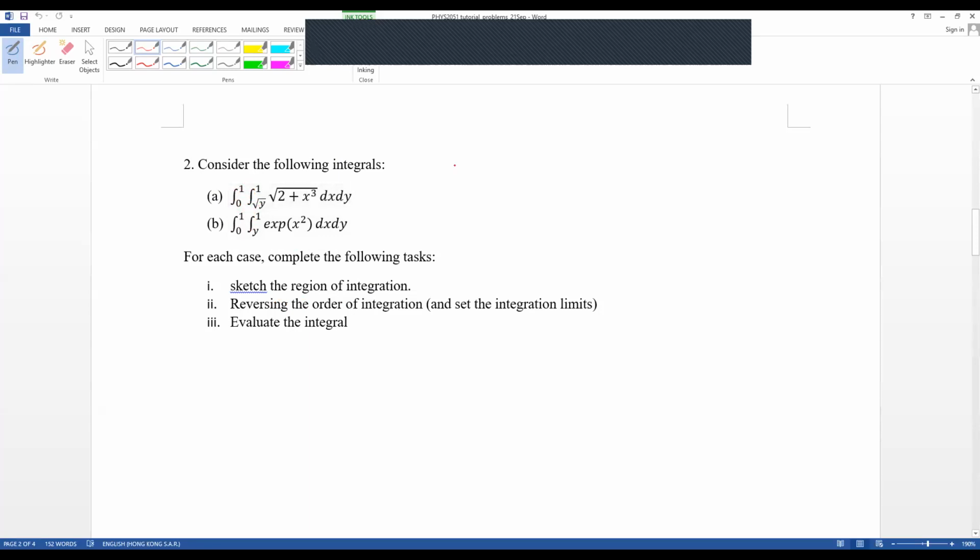So they are y equals 1, y equals 0, x equals 1, and x equals square root of y.